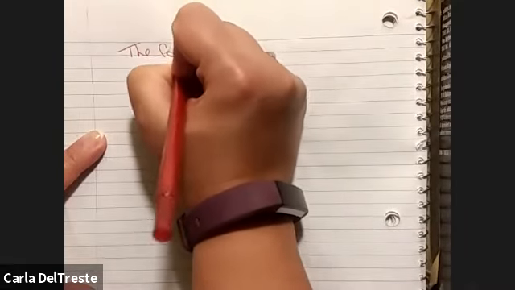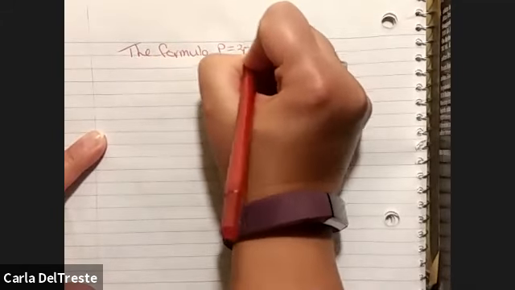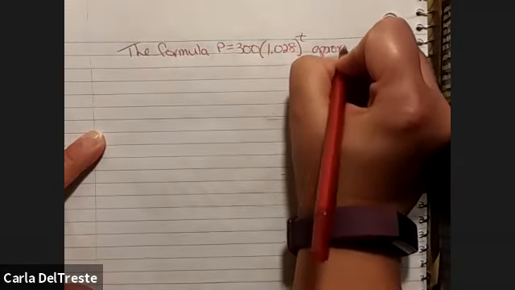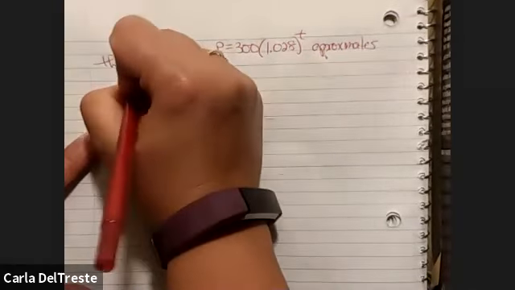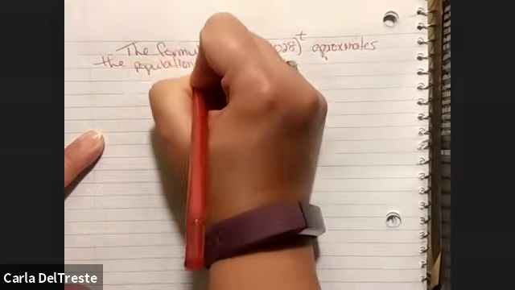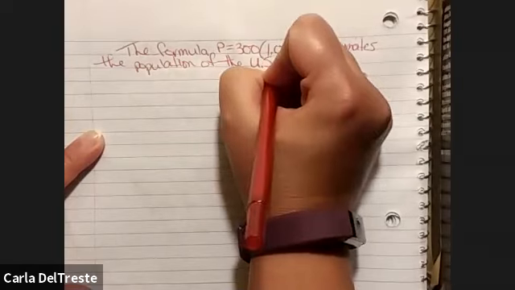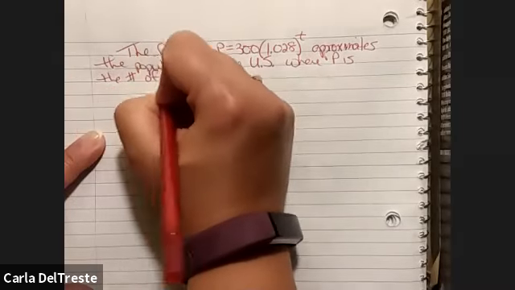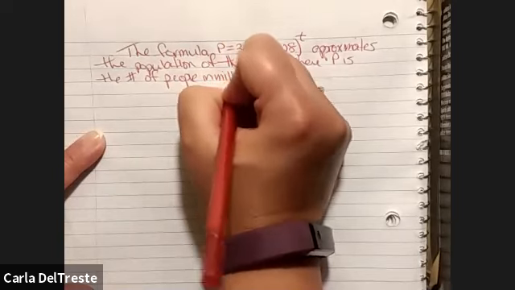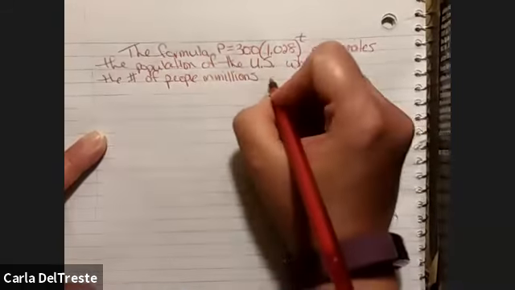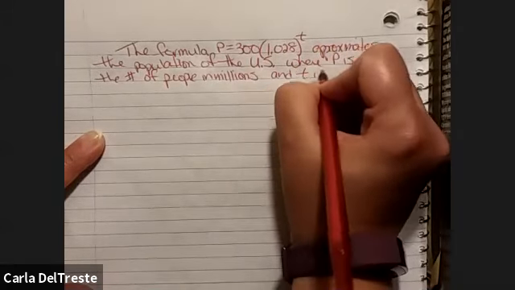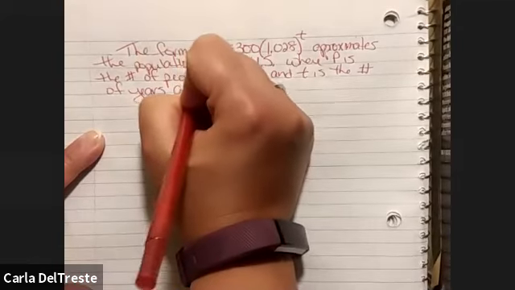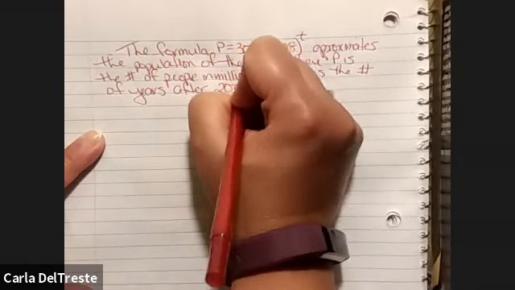It says the formula P equals 300 times 1.028 to the T approximates the population of the United States, where P is the number of people in millions, and keep that in mind because units are important, and T is the number of years after 2006.